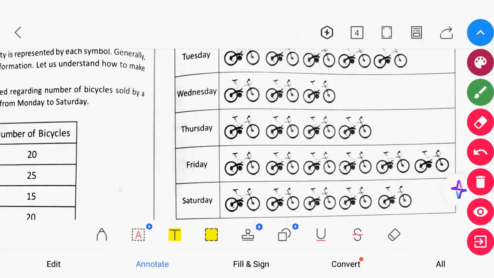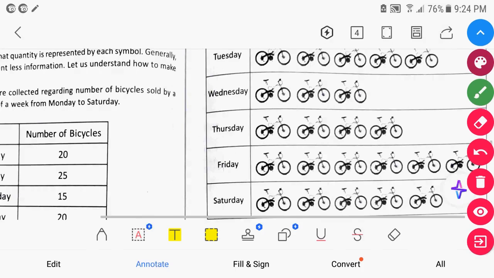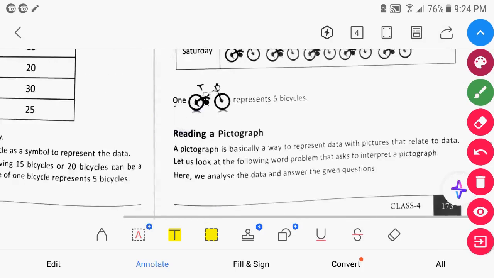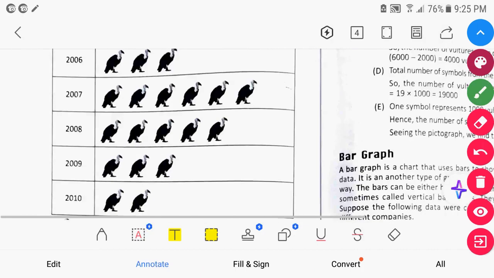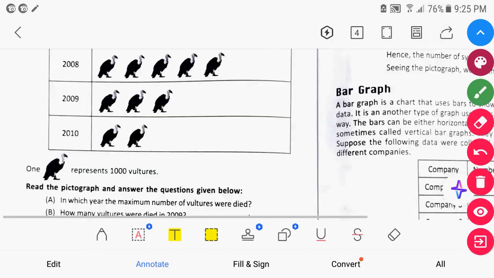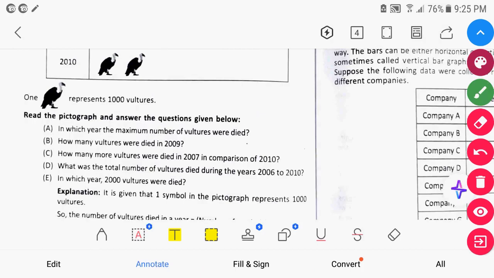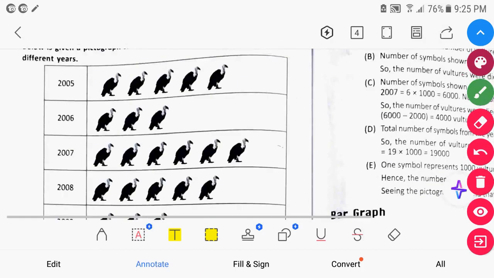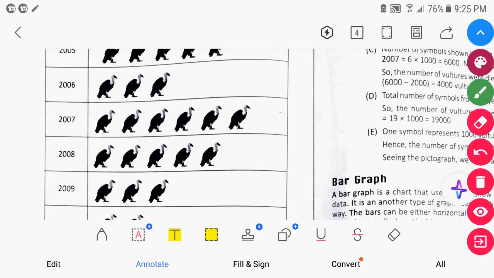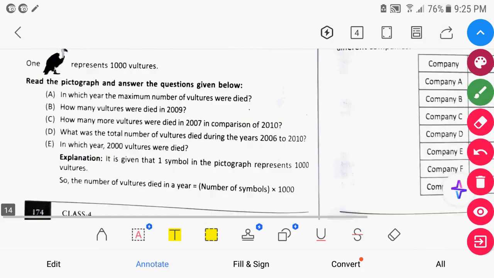Based on this pictograph, there are some questions related to it, and we have to solve them. Again, one vulture is there, and that vulture represents 1,000 vultures. So the deaths of the vultures are represented by this data.